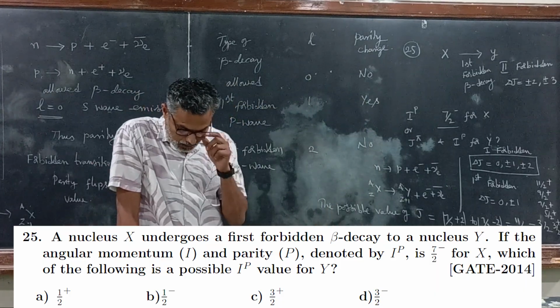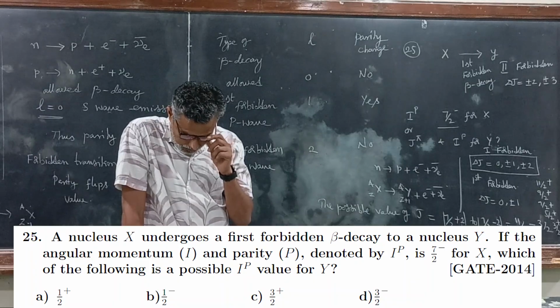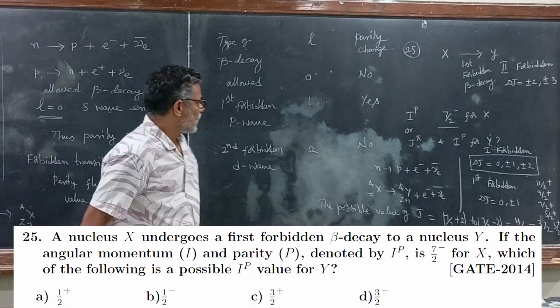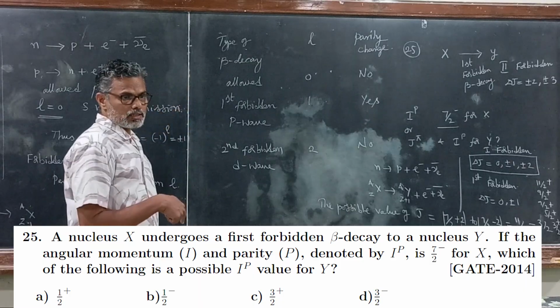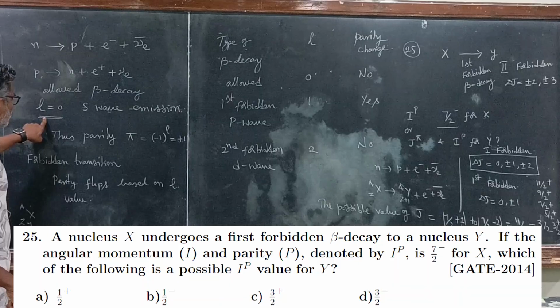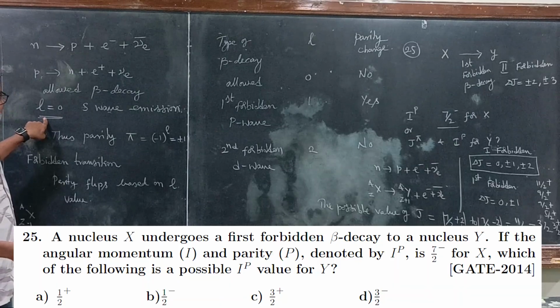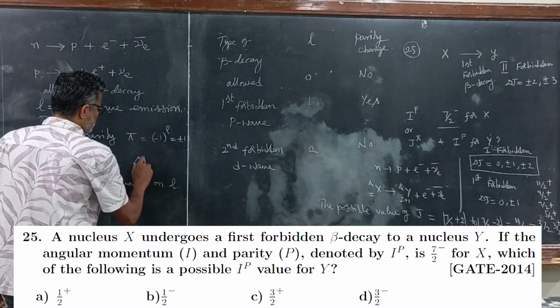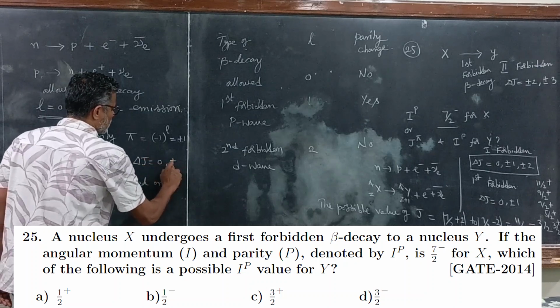Now for the allowed case, L equal to 0, what about delta J? It is 0, plus or minus 1. So your delta J is supposed to be 0, plus or minus 1.